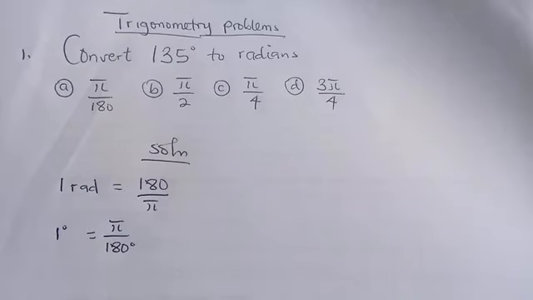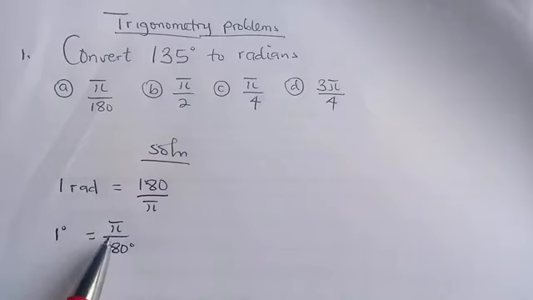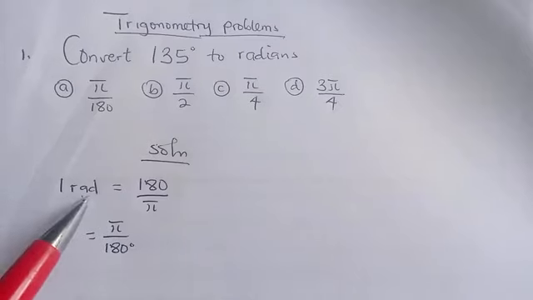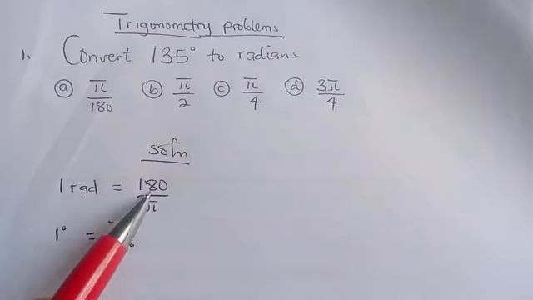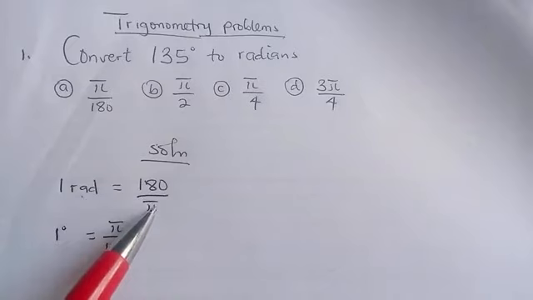So with these conversion factors, anytime you are converting a number from degree to radian, you are using pi over 180 degrees. That is changing degree to radian.